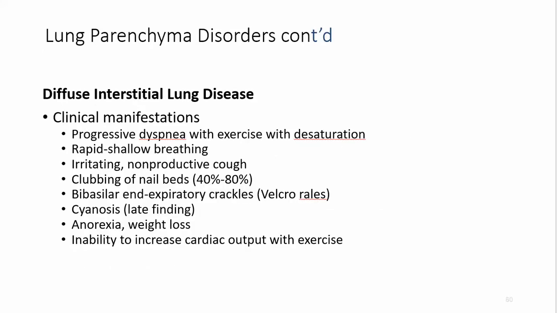So this fibrosis and diffuse interstitial disease lead to difficulty breathing and desaturation. They don't get enough oxygen into their blood. Rapid shallow breathing, and that's because what they're trying to do is exchange what they can as often as they can. They try and make the minute volume go up by breathing quicker.